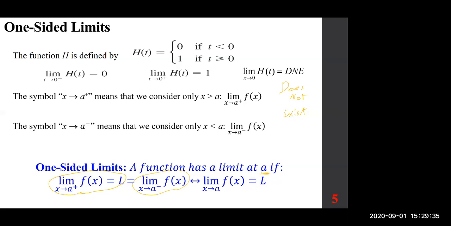I hope everybody is comfortable with that. So one-sided limit uses the symbols a from the left, a from the right, and it follows accordingly. All right. I hope it's straightforward. We want to go to the next example, class.